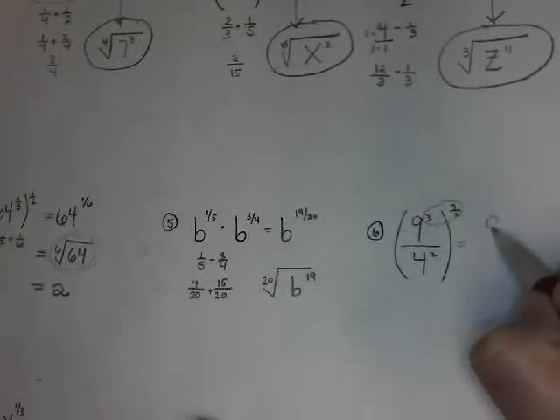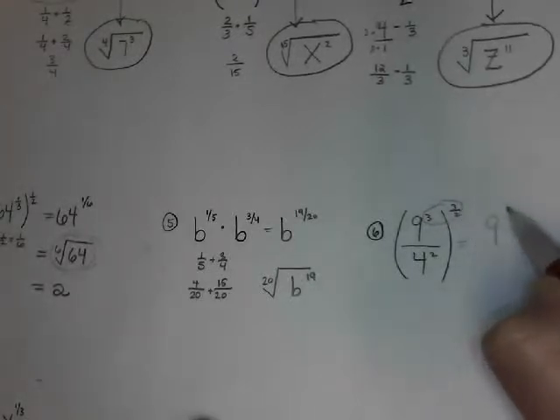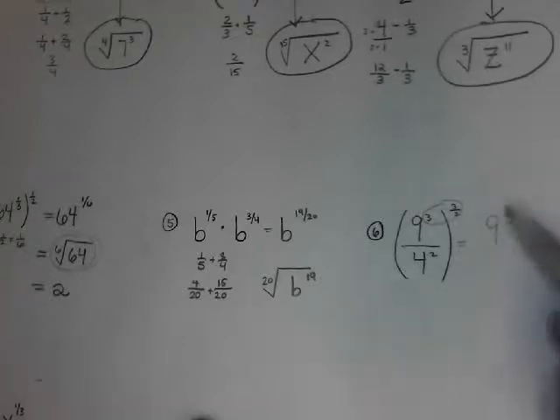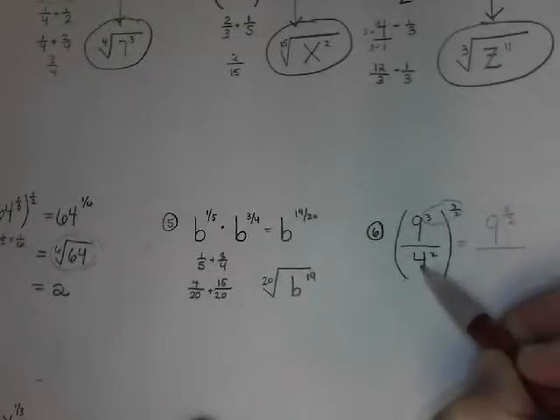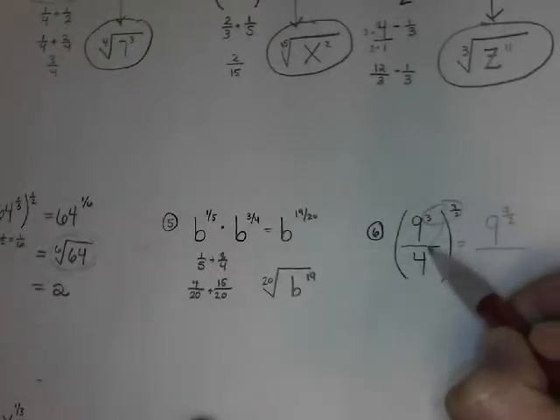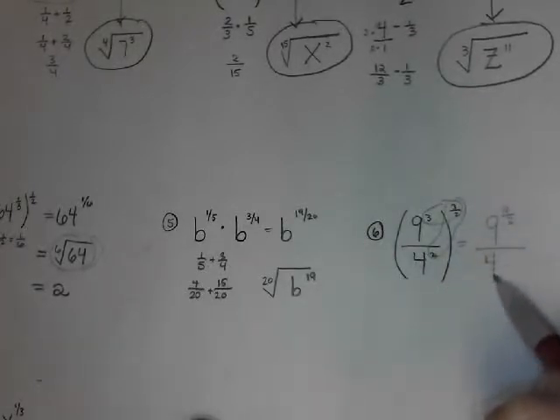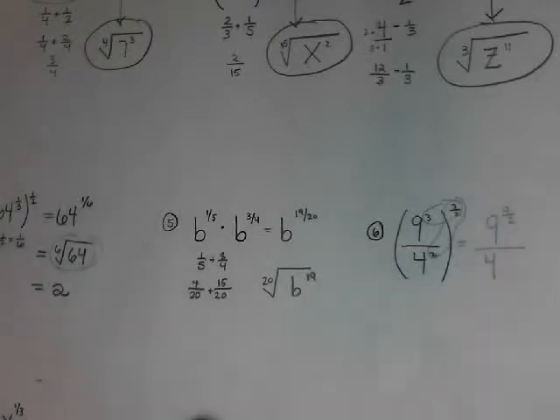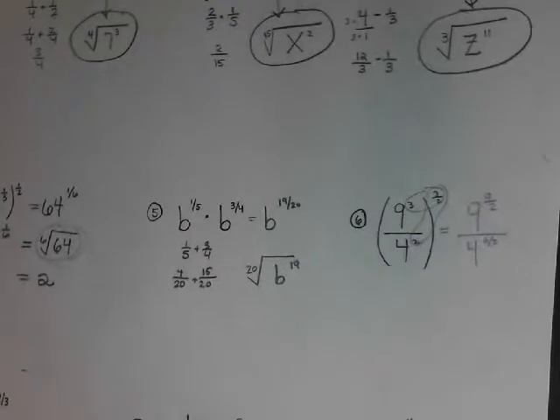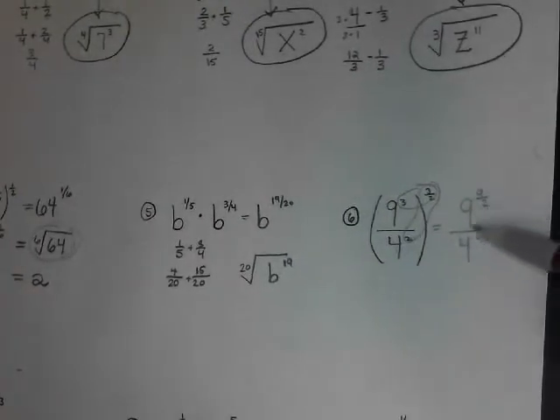So that would be 9 to the 9 halves over, and then 4 to the second has to be raised to the 3 halves. So power to power here would be 2 times 3 halves would be 6 halves. And then we can kind of simplify each one of those.